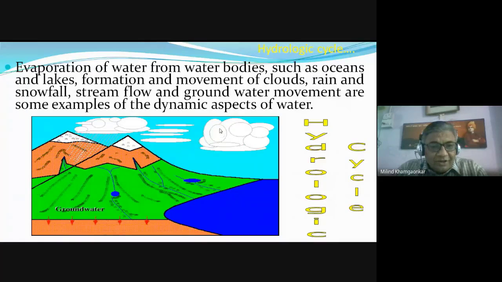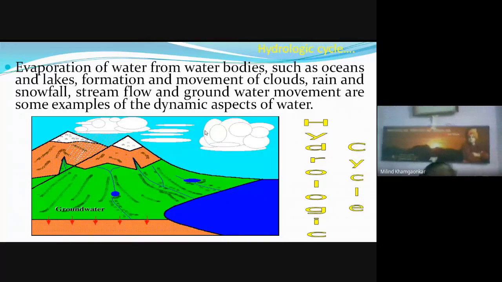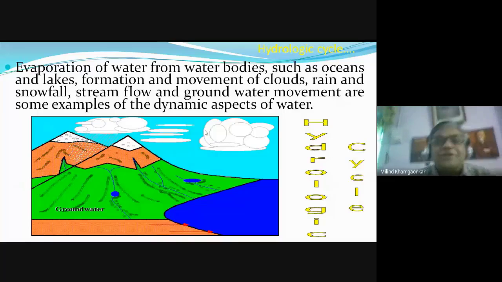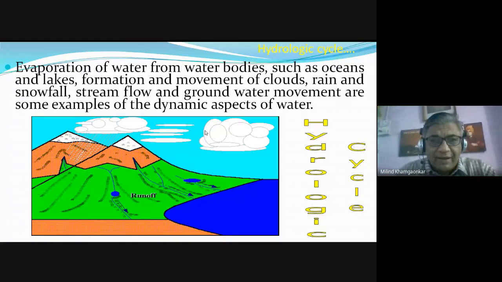And when all these evaporated water particles, that is the vapor particles, come very close to each other, due to the cohesion of all these vapor particles, a scientific process called condensation occurs. Condensation means accumulation of the water vapor particles or molecules at one place, resulting in formation of the clouds.